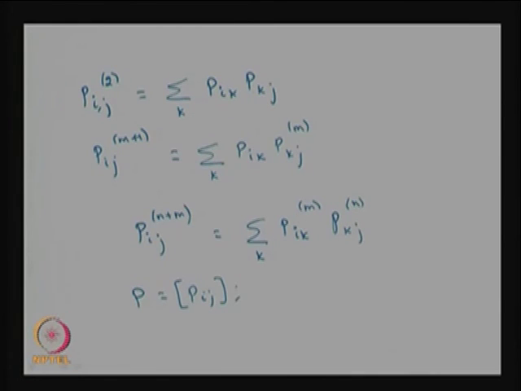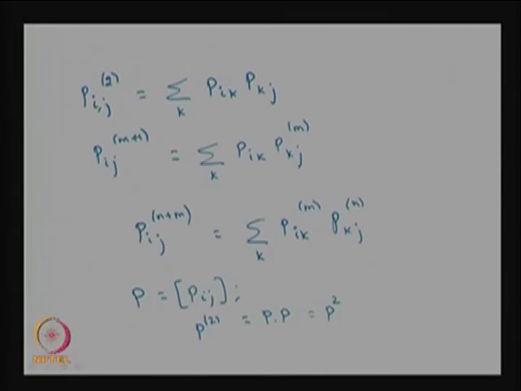In that case, if you make m is equal to 1 and n is equal to 1, then the matrix P superscript 2, that is the matrix form of the two step transition probability, is nothing but, if you put n is equal to 1 and m is equal to 1, you will get P into P, and that is going to be P square.